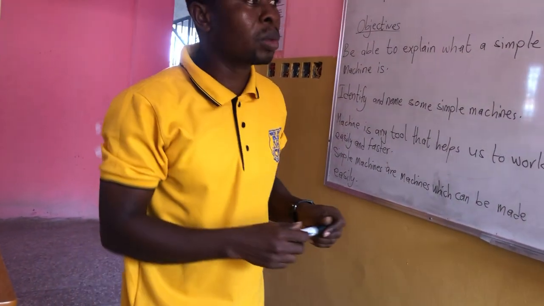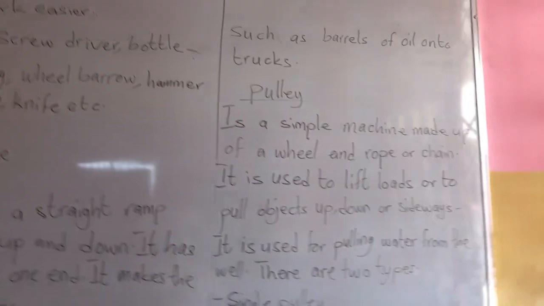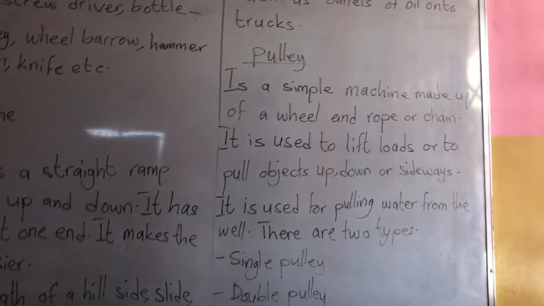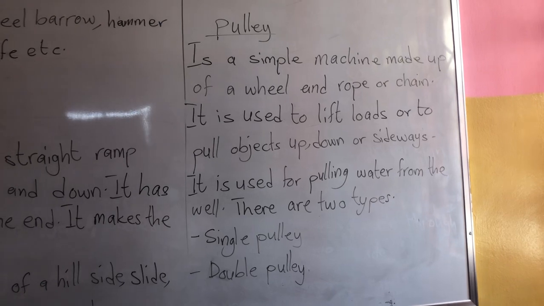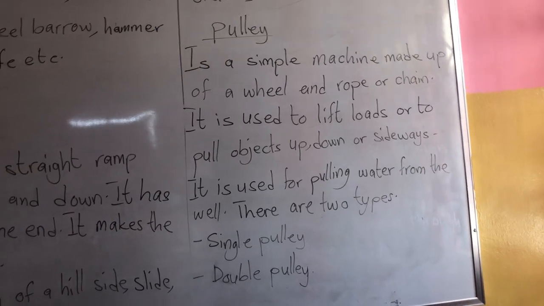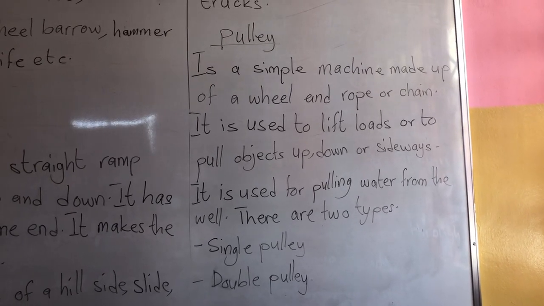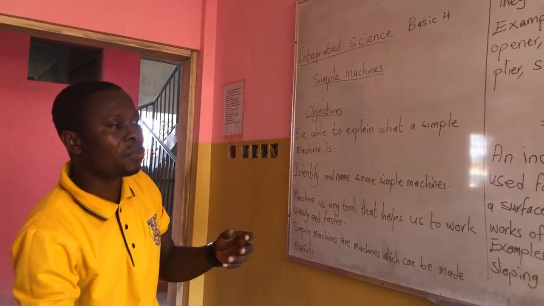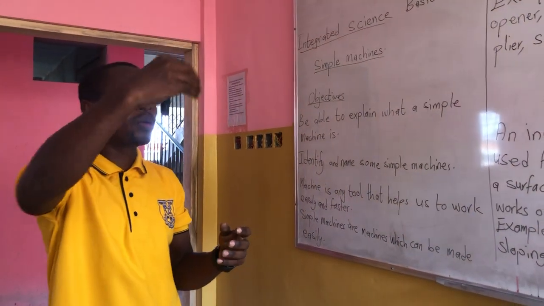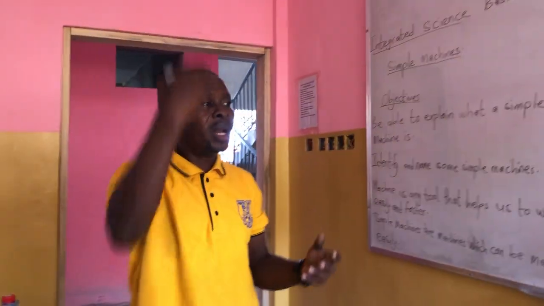Now let's continue. So we say it is used to lift loads or to pull objects up, down, or sideways. For example, when we go to big companies, they have lifts. The lift is also an example of a pulley, because it's used to lift a load from the floor to a higher level.